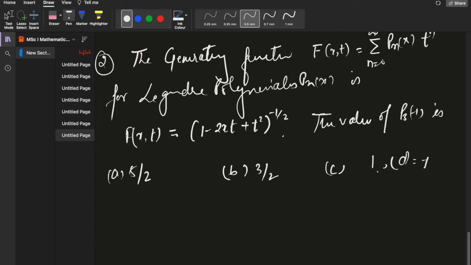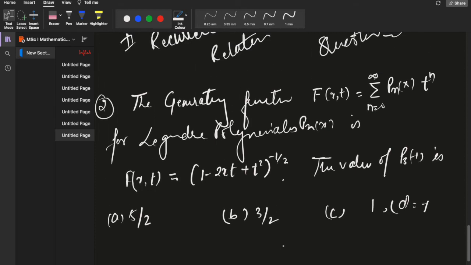So we have a generating function f, which is a function of x and t, equal to the summation n from 0 to infinity P_n(x) t to the power n for Legendre polynomial P_n(x), where f is given as (1 minus 2xt plus t square) to the power minus half. Find the value of P3(-1). What will be the value?